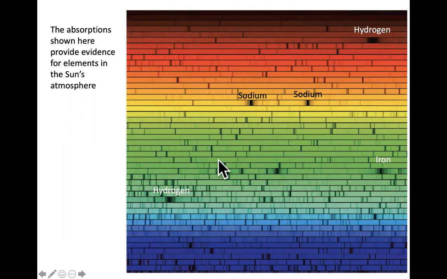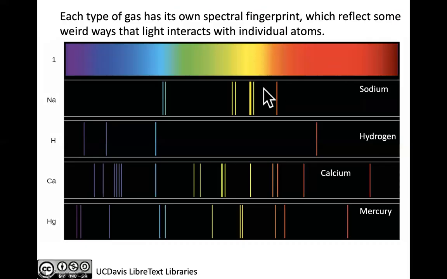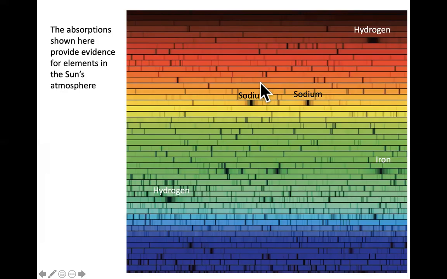For example, going back to the spectrum of the sun, there are these two dark bands here. Those two dark bands are at the right wavelengths to be due to sodium, indicating that there is sodium on the sun. This band and this band are due to hydrogen, indicating there's hydrogen in the sun.